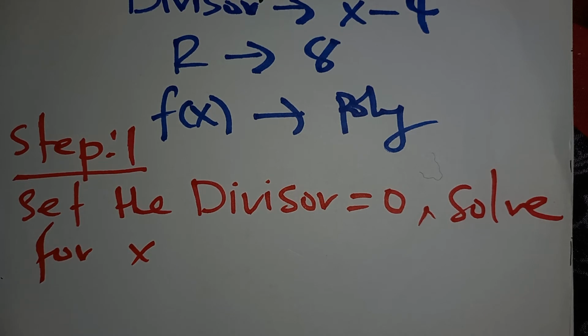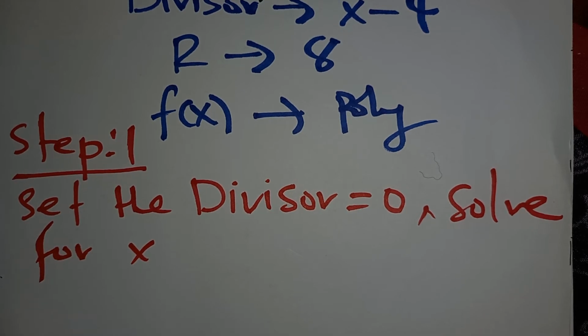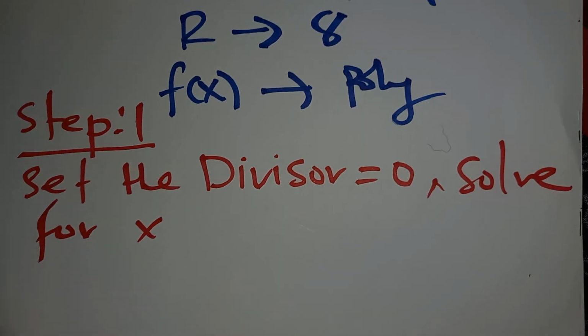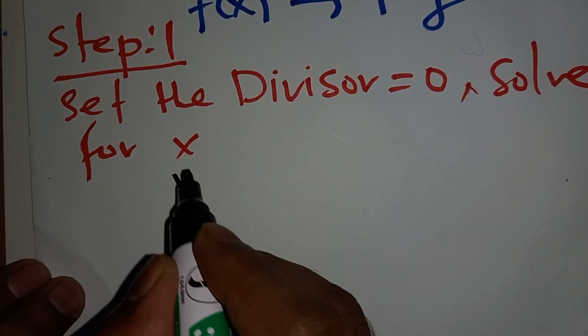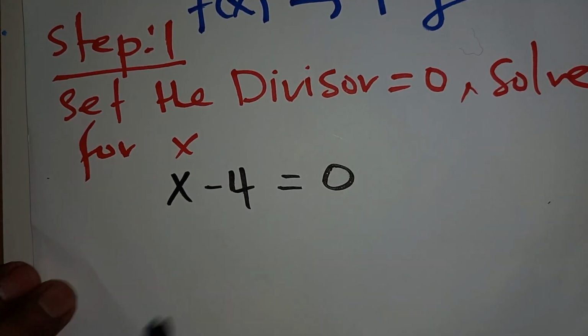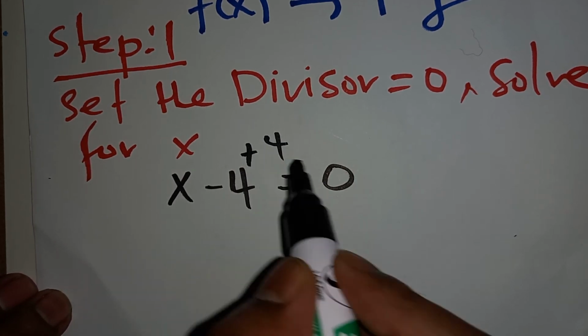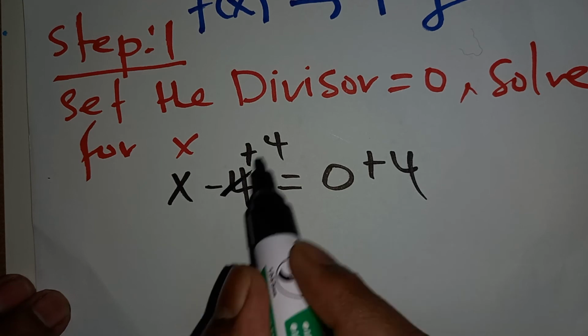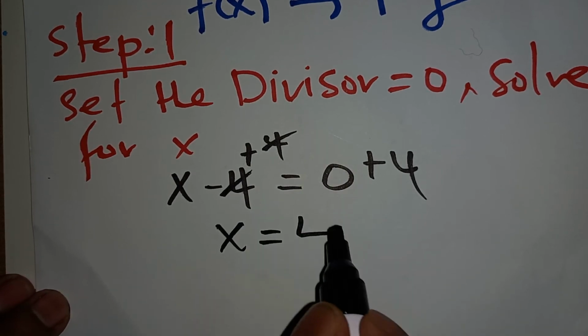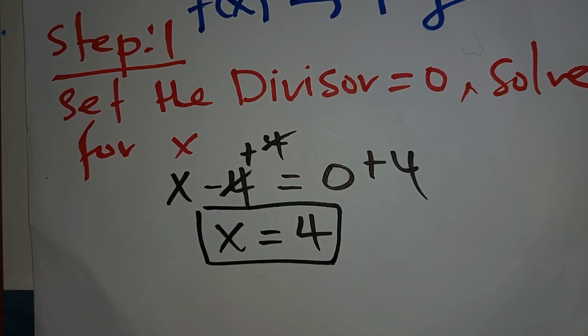So your divisor there is x minus 4. So x minus 4, let it be 0. Then if you solve for x, you'll have to plus 4 both sides. Cancel this, so x comes to positive 4, right?